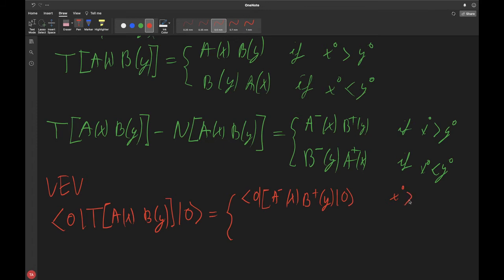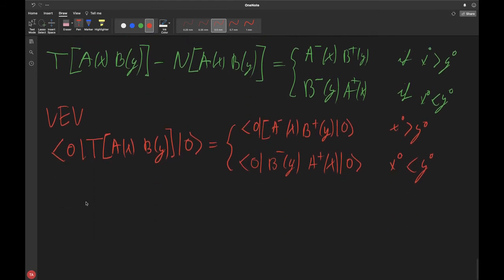if x0 was higher than y0, and again we have sandwiching the B minus at y and A plus at x between the vacuum, if x0 is less than y0.